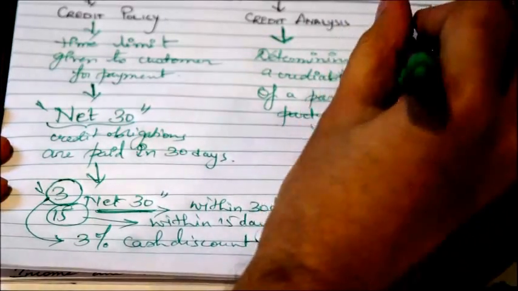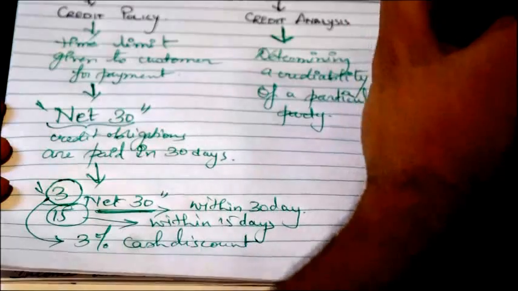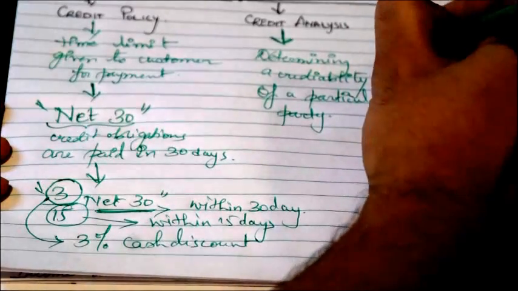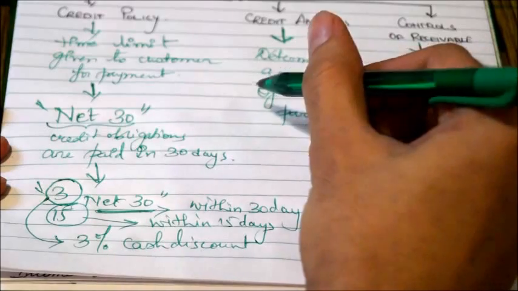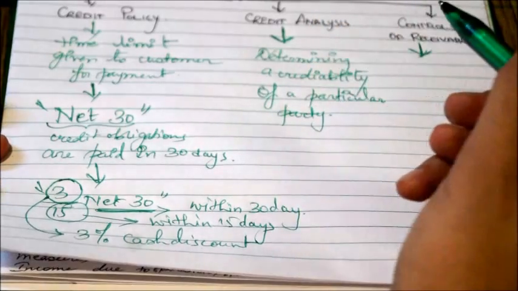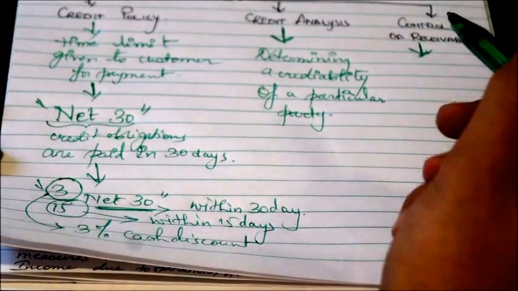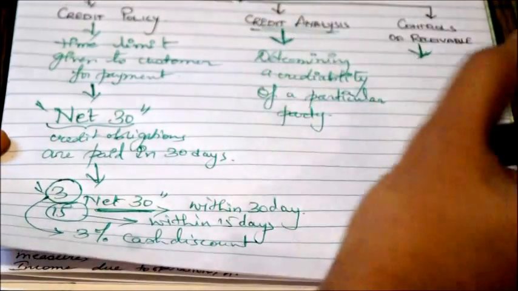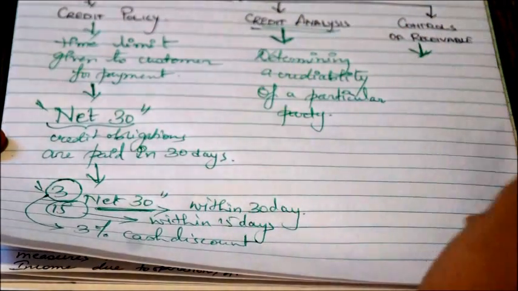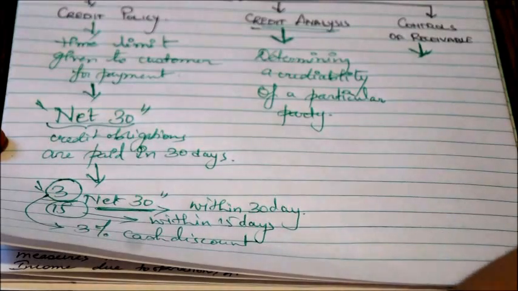You need to analyze your credits before you directly give them. You need to know how stable the party is that you are giving the credit to, so that you minimize your risk of bad debts. Not that you just go on giving them stuff on credit and they don't end up paying you back. So this is also an aspect which needs attention: the credibility of all your customers or parties.